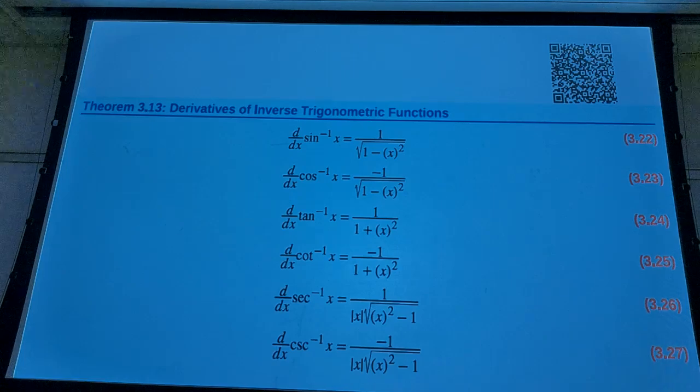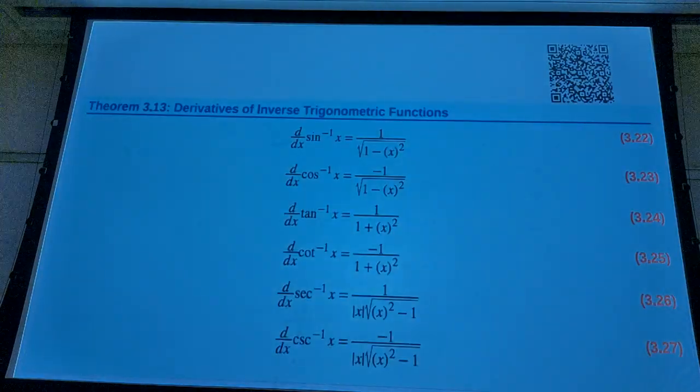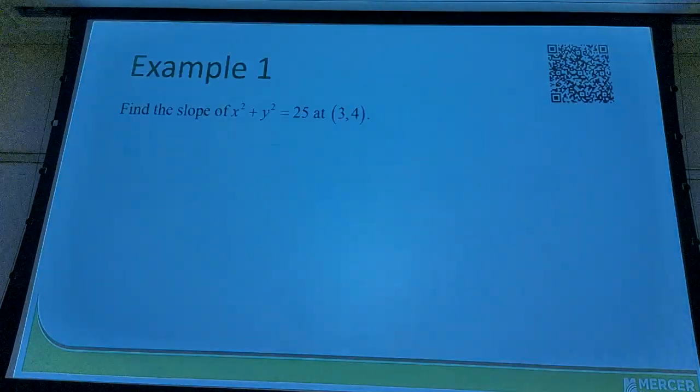Let's do this first. Find slope. X squared plus y squared equals 25 at the point 3,4.